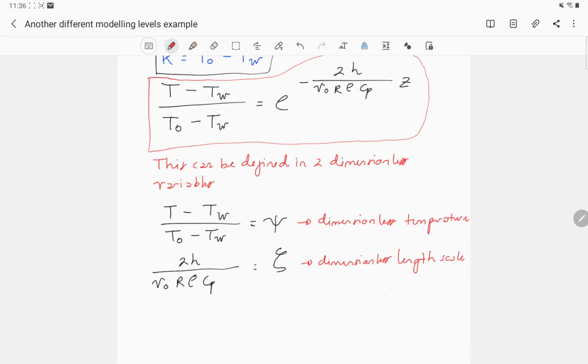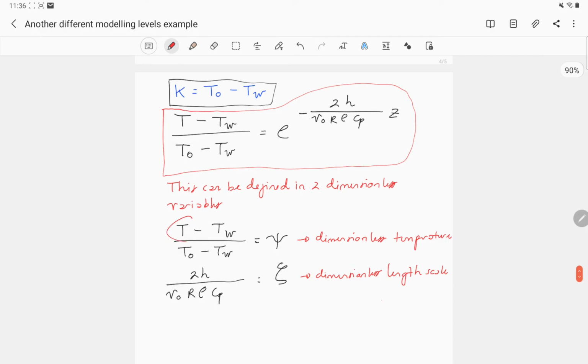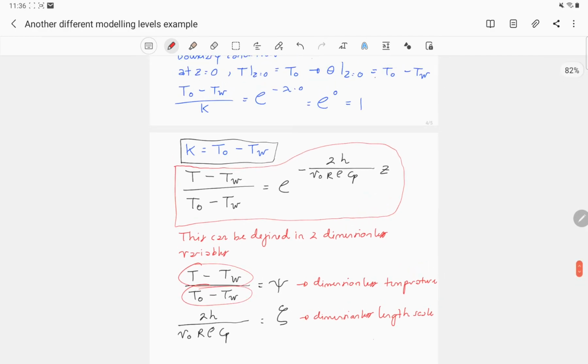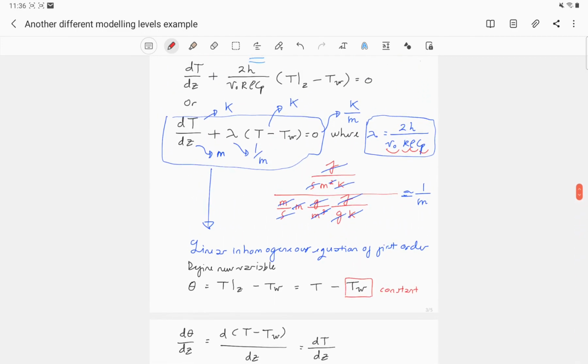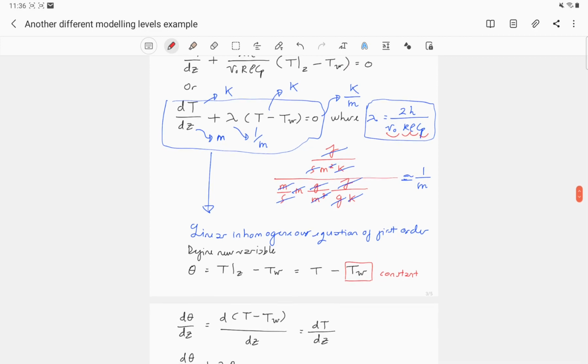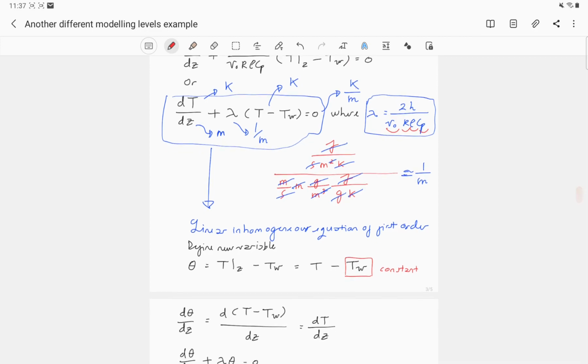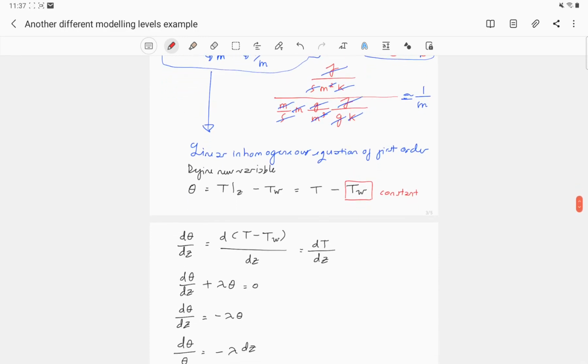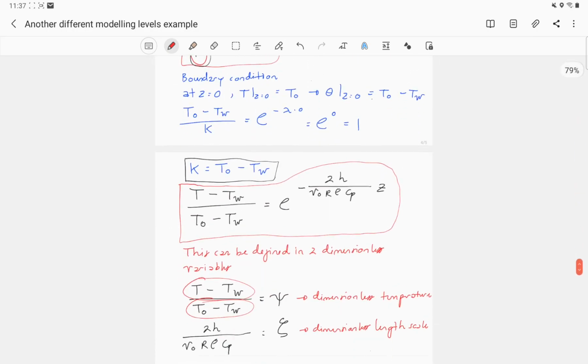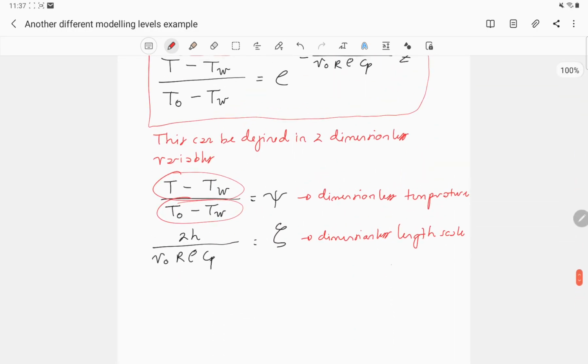Okay, so when you divide the temperature by the temperature, it doesn't have a unit, it becomes dimensionless, right? And this one is a dimensionless length scale because this one is multiplied by z. Okay, all these things in here have a unit of 1/m, but because you multiply by z, which has a unit of m, it becomes dimensionless.